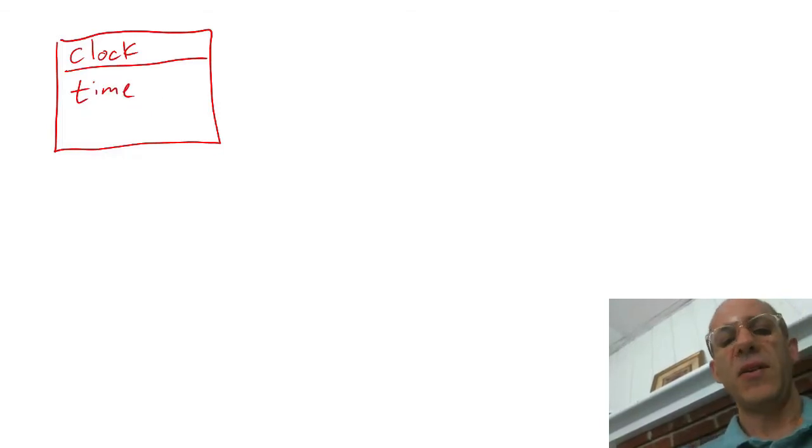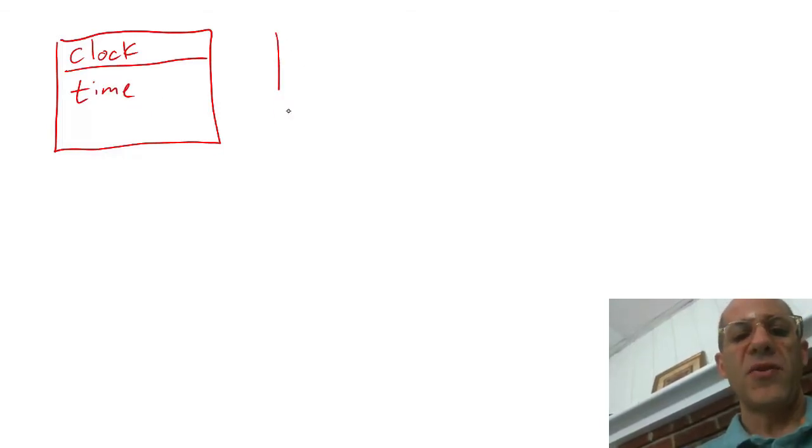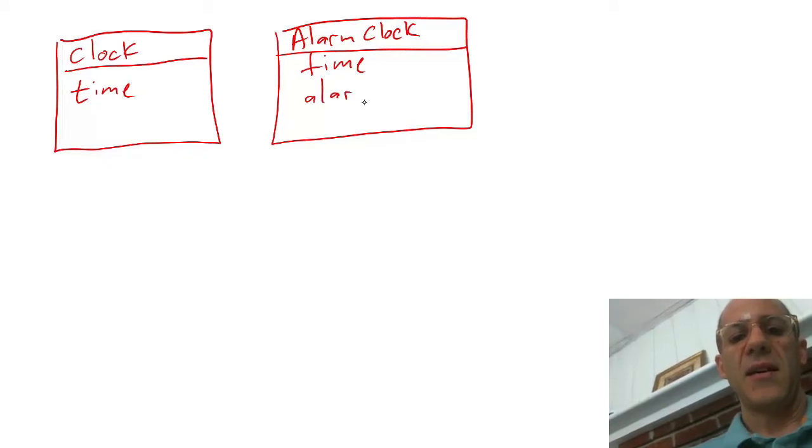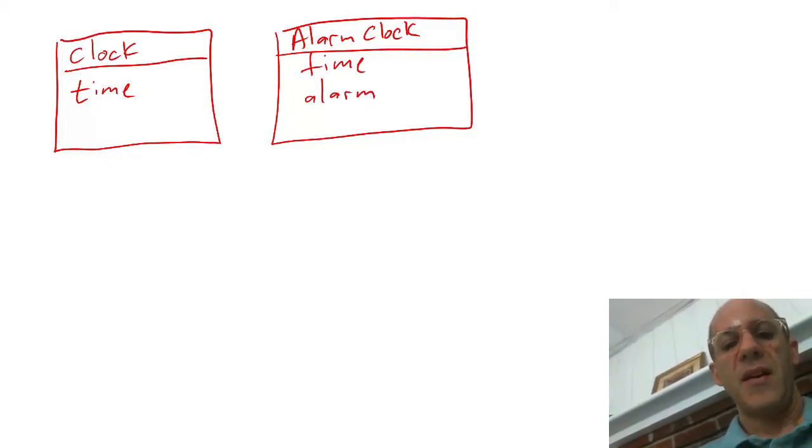An instance variable. And then we're also trying to define an alarm clock class which has time, and it also has the current alarm. They might also have some utility methods for getting and setting the time and the alarm.